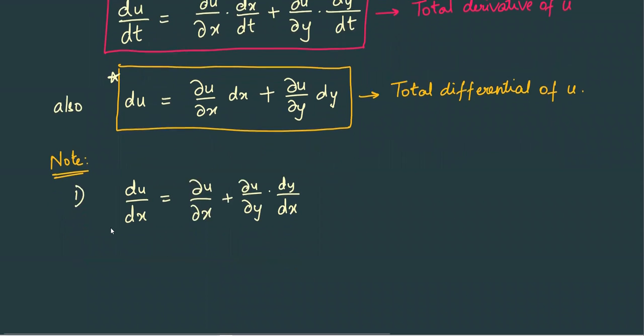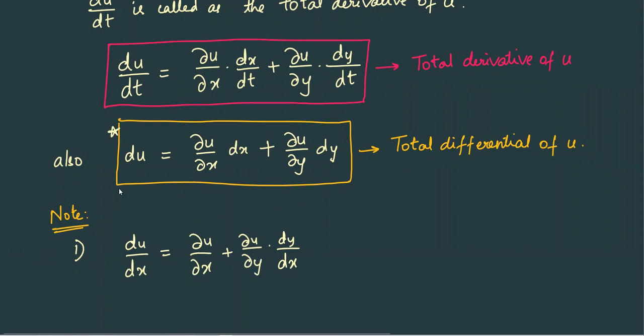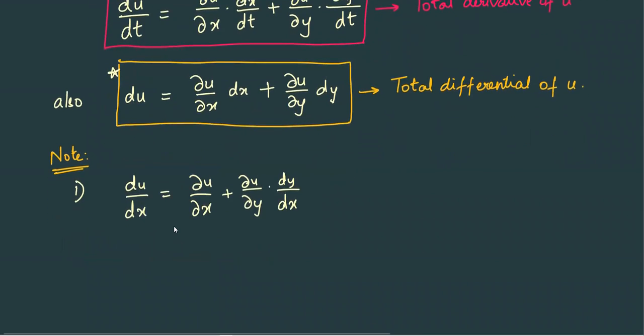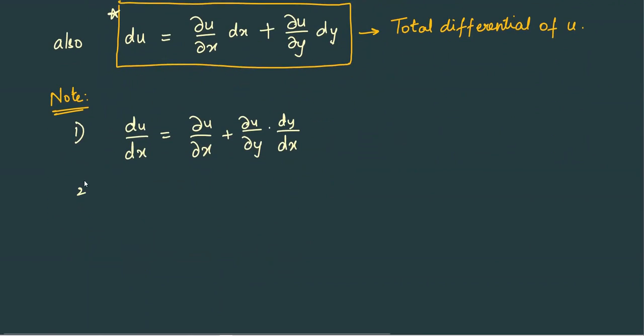Now, similarly, we get du by dy will be dou u by dou x into dx by dy plus dou u by dou y.